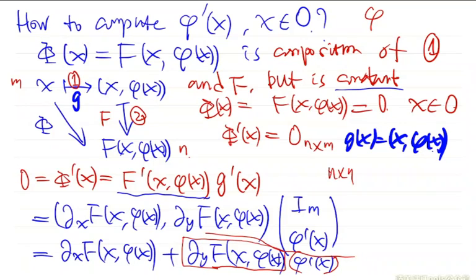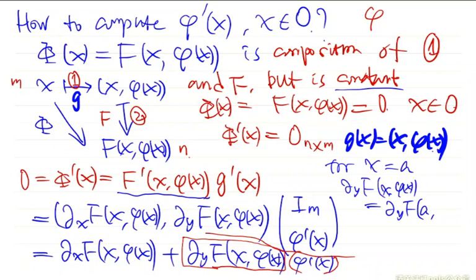This is the case because for x equal to a, this matrix is precisely the matrix at (a, b). This matrix is invertible. This is the condition of our implicit function theorem. So at the point x equal to a, this matrix is invertible. Therefore, near a, this matrix is also invertible.